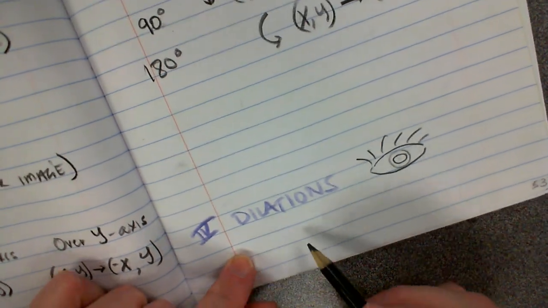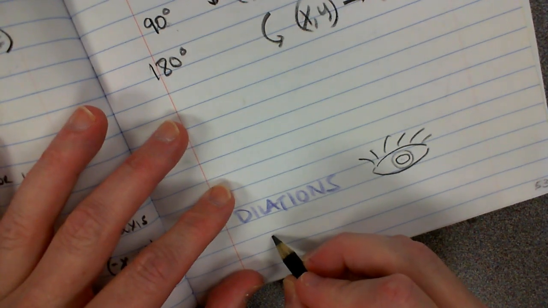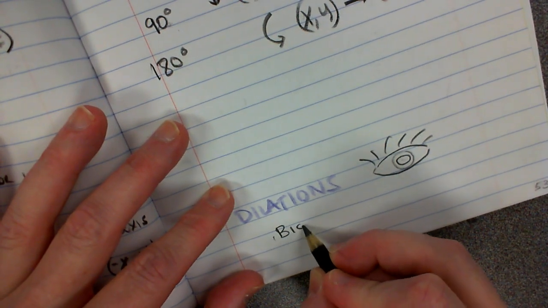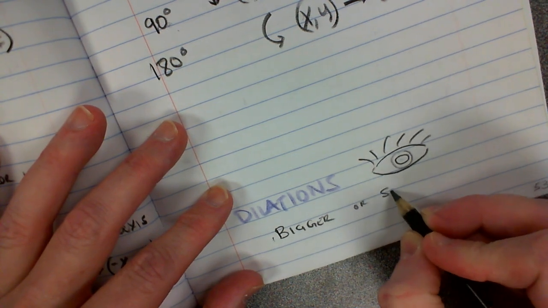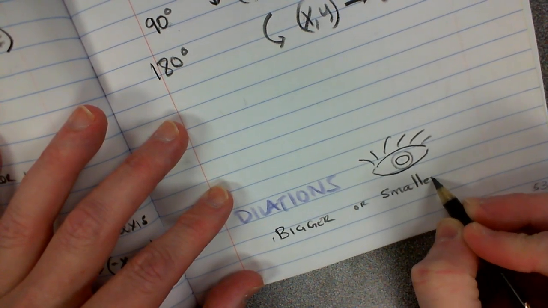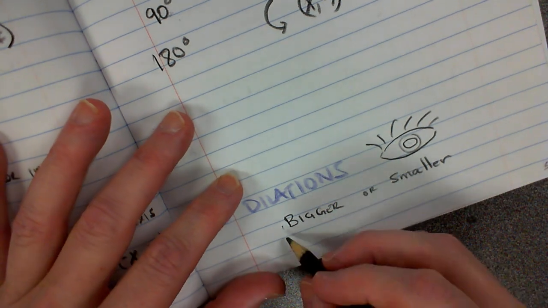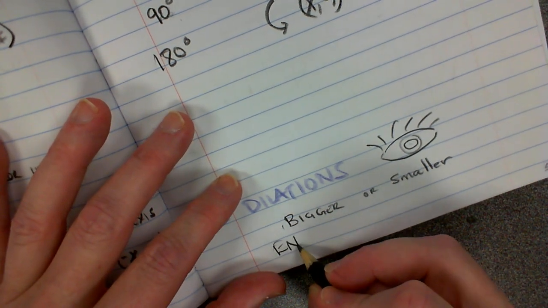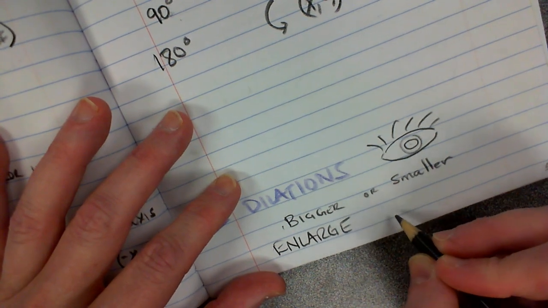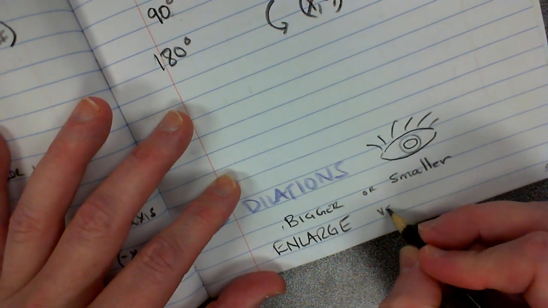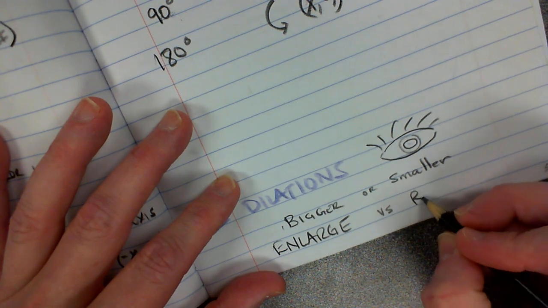And in math, specifically 8th grade math, we say bigger or smaller. We use the word enlargement or enlarge versus reduced.